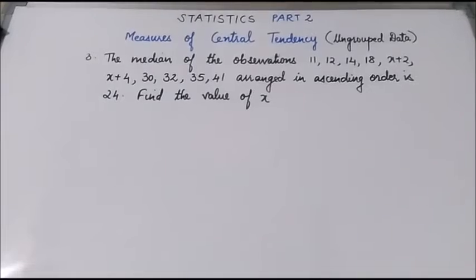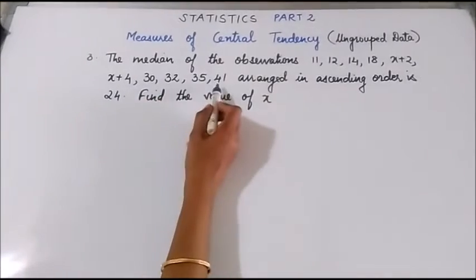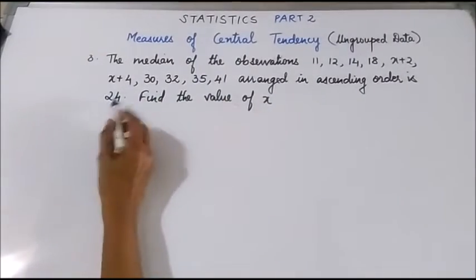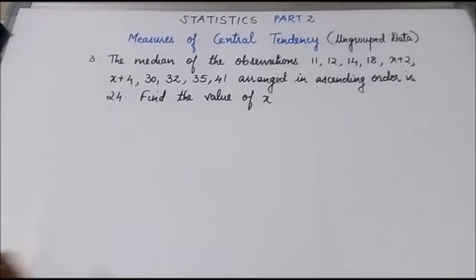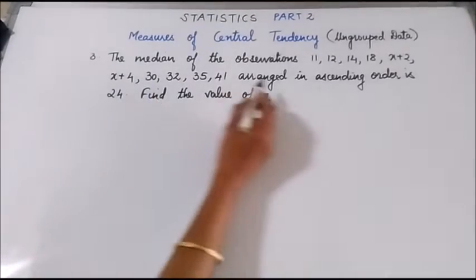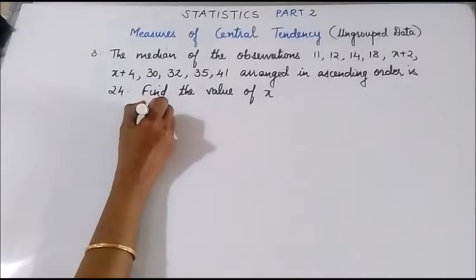The third question, the median of the observation, they given us 10 observations arranged in ascending order is 24. Find the value of x. Now here the data has already been arranged in ascending order, so we'll write it as it is.